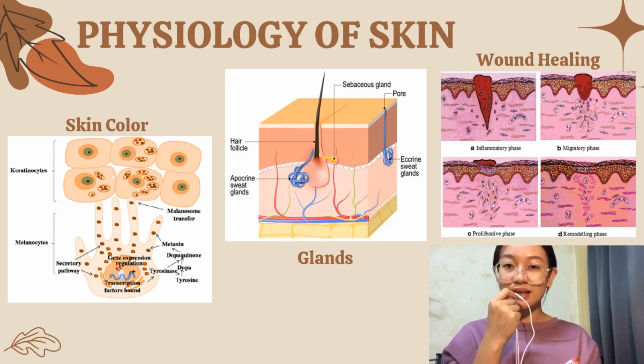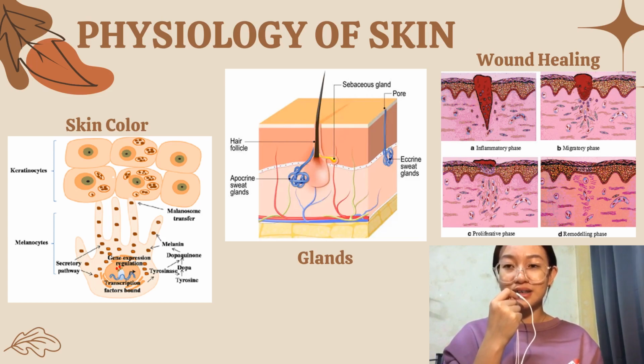Besides that, the sudoriferous glands are composed of 2 types, which are the eccrine gland and also the apocrine gland. The eccrine gland secretes sweat that helps to regulate the body temperature. Meanwhile, the apocrine gland secretes thicker, milky sweat that is influenced by hormonal changes and also emotional response.